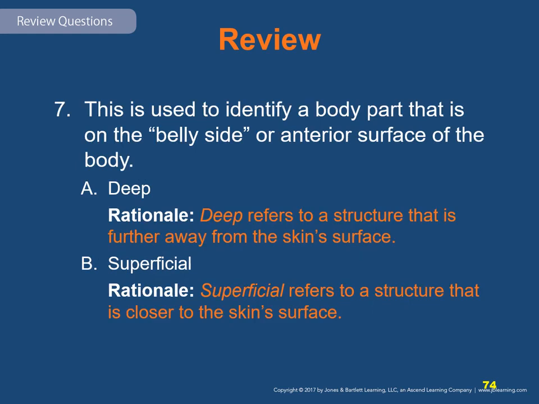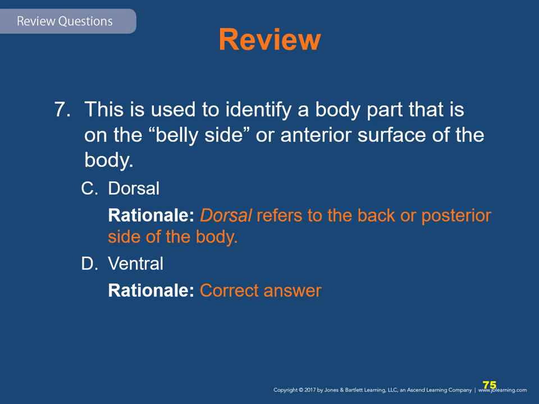Okay, we reviewed all of the correct and incorrect answers just now. So review each of these terms again on your own: deep, superficial, dorsal, and ventral, so that you make sure that you're completely comfortable with each of them.